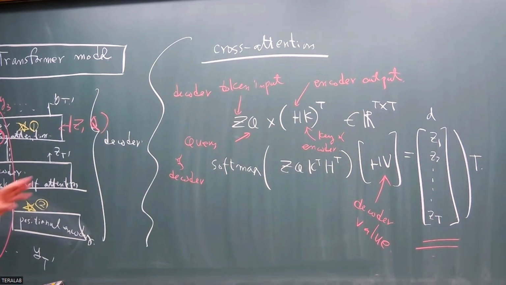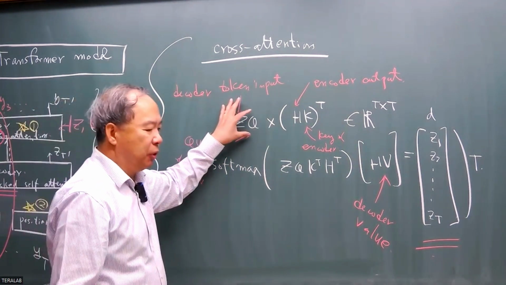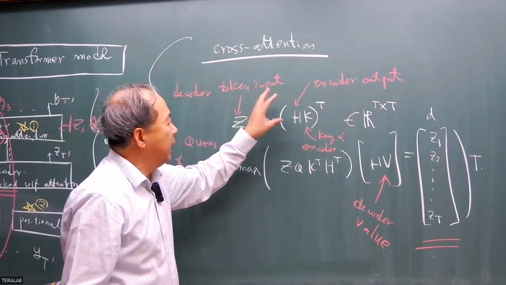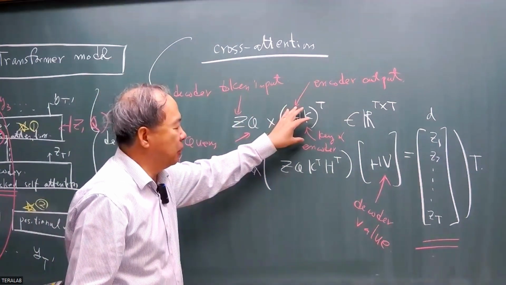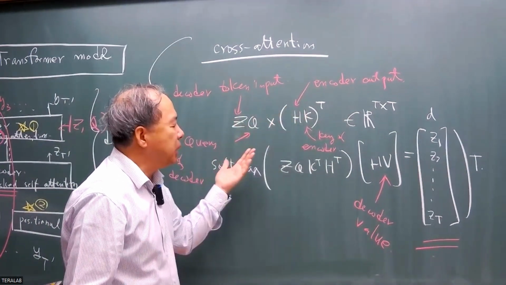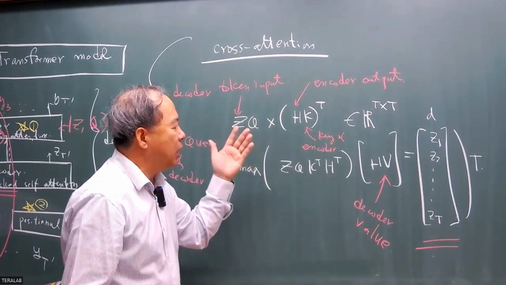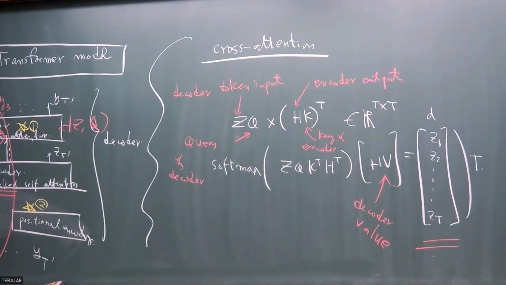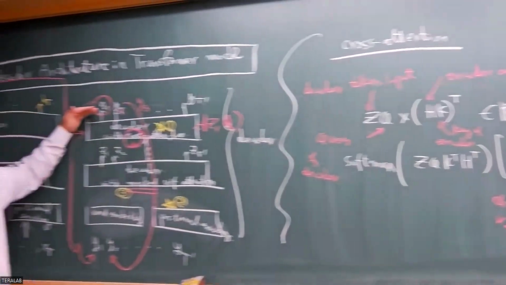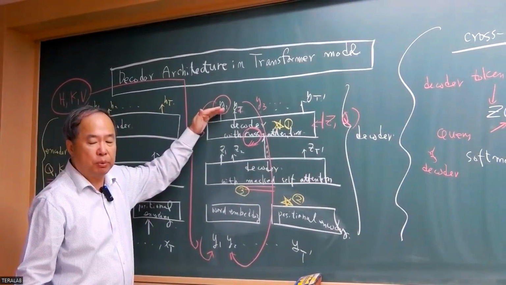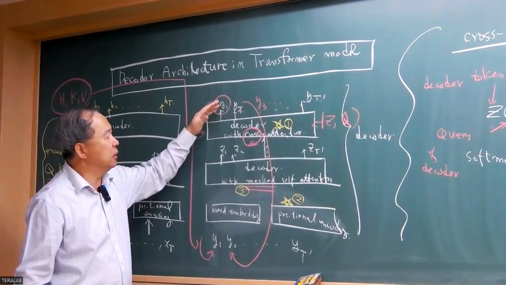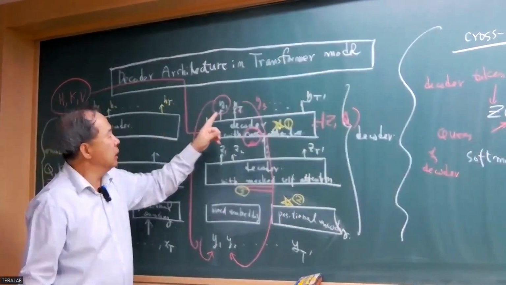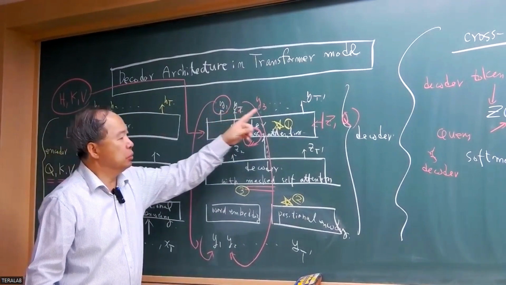So somehow this Q is obtained from the decoder and the key is obtained from the encoder. By multiplying those two, we can update the token. And at the final stage, it's gonna give you the probability distribution of your best word sequence Y1, Y2 to YT.